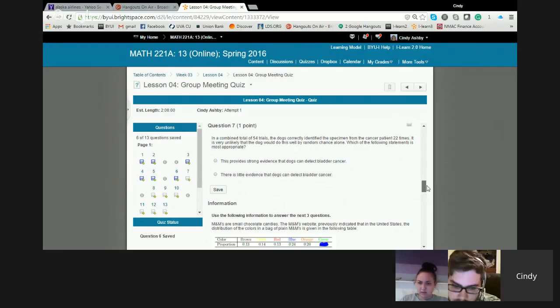All right. In a combined total of 54 trials, the dogs correctly identified the specimen from the cancer patient 22 times. It is very unlikely the dog would do this by random chance alone. Which of the following statements is most appropriate?